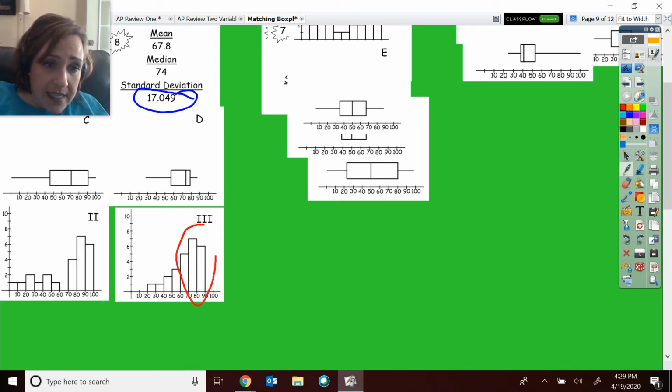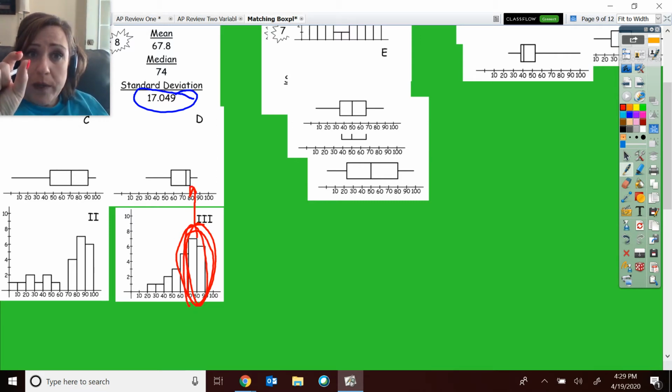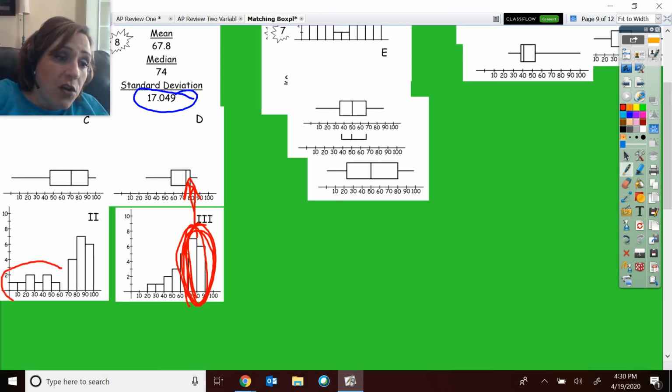Do you see a lot of data right here? Those correspond to a small whisker and an itty bitty small box, because there's a lot of data in a little bitty amount of space. That's why that box is so condensed. Whereas here, there's a lot of data spread out.